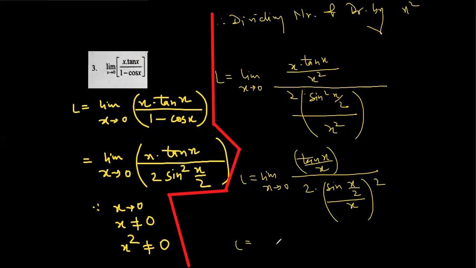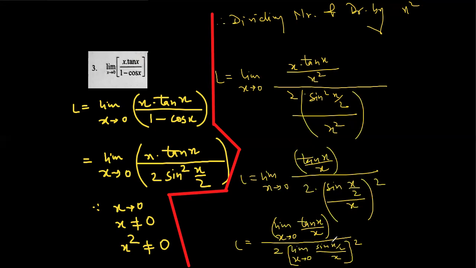So I have L is equal to limit x tends to 0, tan of x upon x, and I write the limit here also, 2, limit x tends to 0, sine of x by 2 upon x the whole square. Okay, now see, this is going to get me 1.